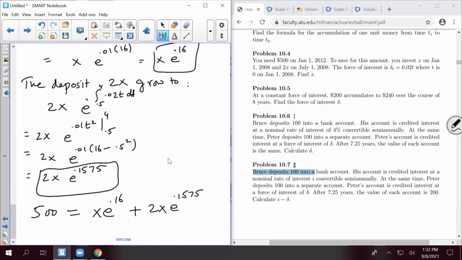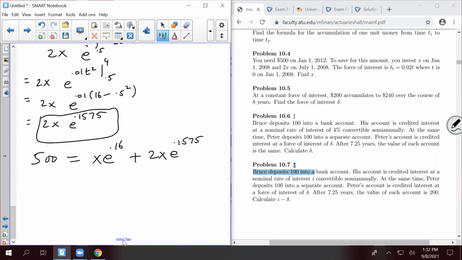Okay. So now, can we calculate X from this equation? Yeah, what is it? I mean, this looks confusing, looks like too many variables, but e to the 0.16 is a number, right? Similarly, this is a number. So in fact, we can even factor out the X: e to the 0.16 plus 2e to the 0.1575.